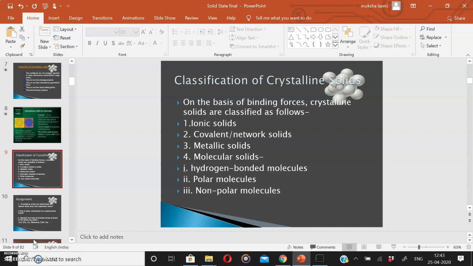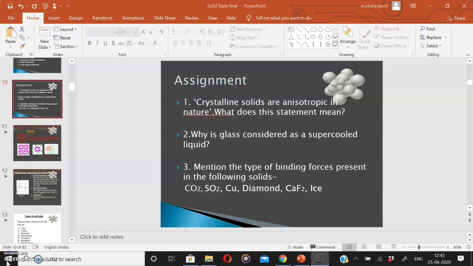Metallic solids, all metals, are held by metallic forces, that is, the force of attraction between a kernel and free electrons. And lastly, molecular solids may be held by hydrogen bonds, dipole-dipole forces or van der Waals forces.